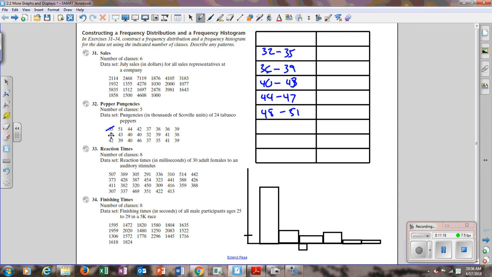Alright, let's try this again. 1, 2, 3, 36 to 39. 1, 2, 3, 4, 5, 6, 7, 8, 9. 40 to 43. 1, 2, 3, 4, 5, 6, 7, 8. 44 to 47. 1, 2, 3. And 48 to 51 is only 1.